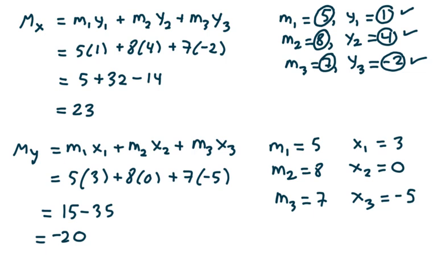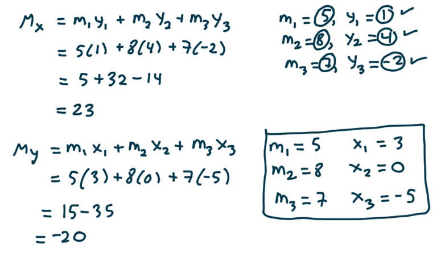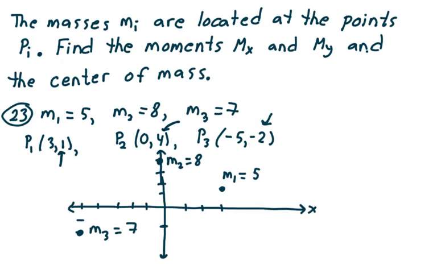M sub y is m1 x1 plus m2 x2 plus m3 x3. So if you notice over here, I do pretty much a similar thing, right? I list out all my masses. So notice that m1 is 5, m2 is 8, m3 is 7. The only difference is I need to look at the first coordinate of each point.